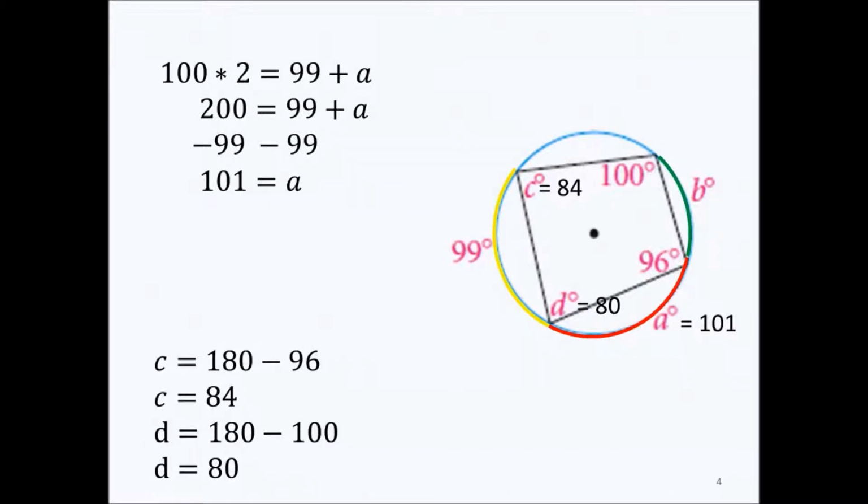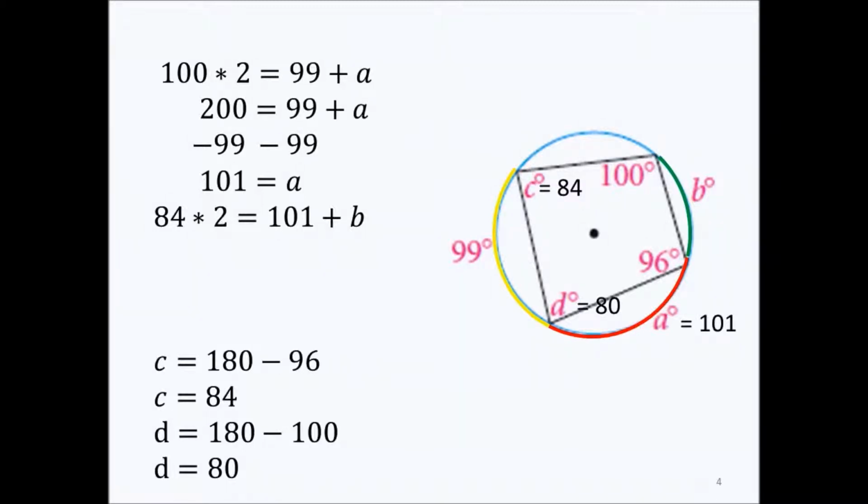So to solve this, we're going to multiply 2 times the inscribed angle 84 and set it equal to arc A plus B. Now we just found out that A is equal to 101, so the equation would be 84 times 2 is equal to 101 plus B.